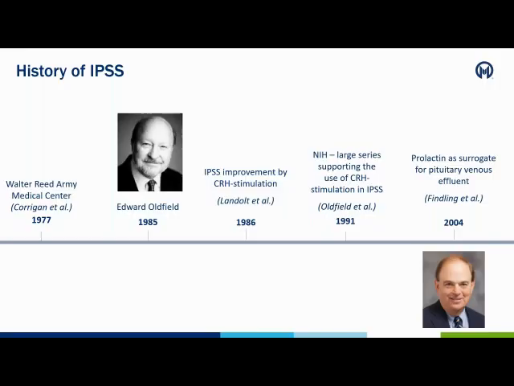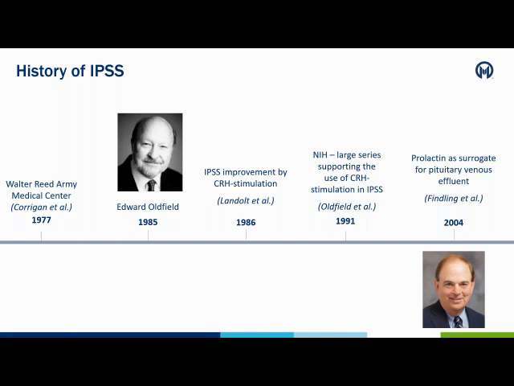Just to give a little bit of history, the IPSS, or inferior petrosal sinus sampling, was first described in 1977 at the Walter Reed Army Medical Center, and that was done with a selective bilateral but not simultaneous catheterization via a transjugular approach, so accessing directly through the neck all the way up to the petrosal sinus.